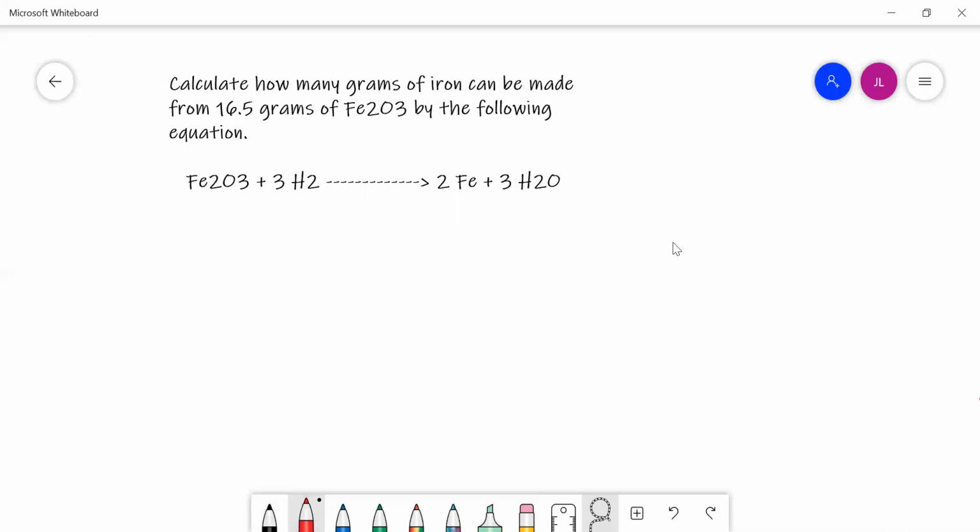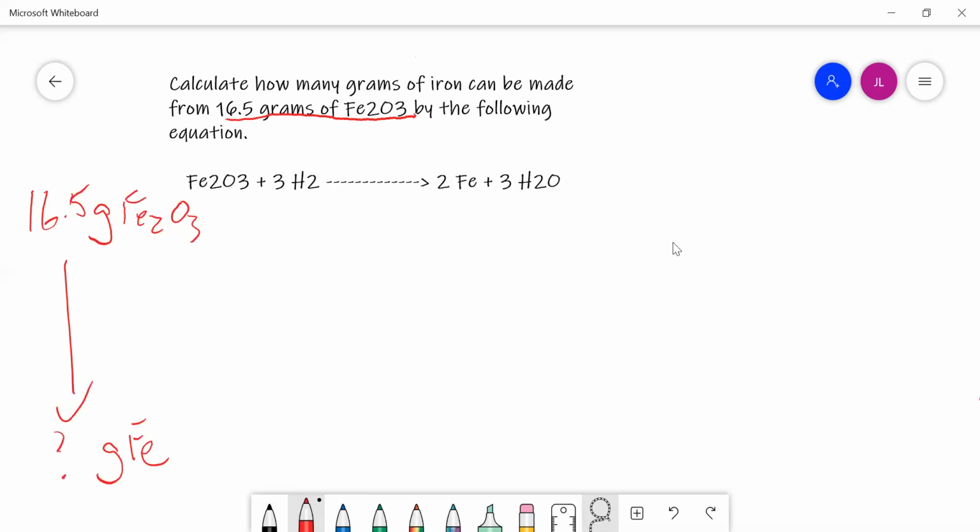So looking at this, how many grams of iron? That's our unknown. If we're doing that little tree, we'd have grams of Fe down here at the bottom, which can be made from 16 grams of Fe2O3. So what we know is we have 16 grams of Fe2O3, and we want to know how many grams of iron we're going to get.